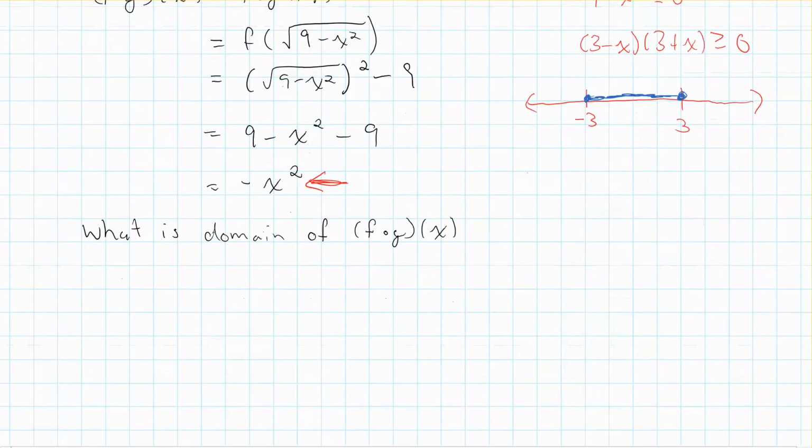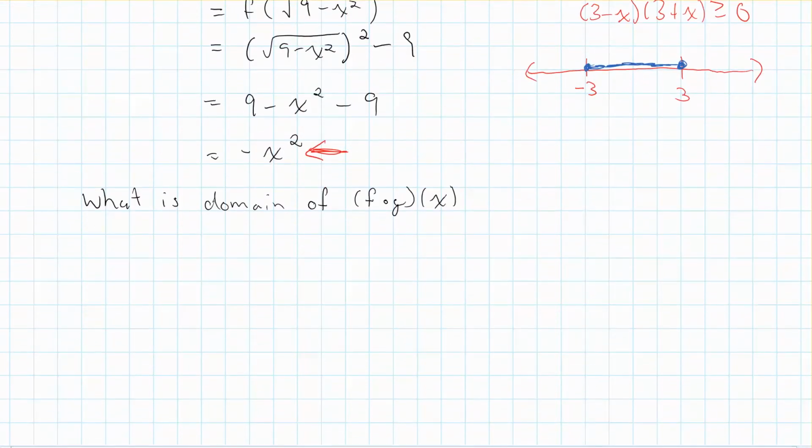So the domain of g at x is -3 less than or equal to x less than or equal to 3.